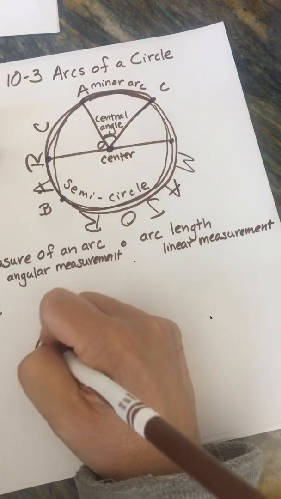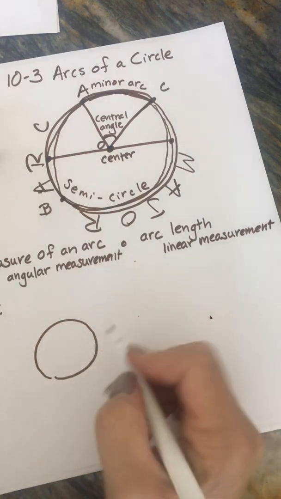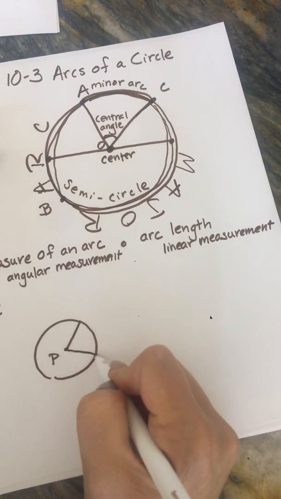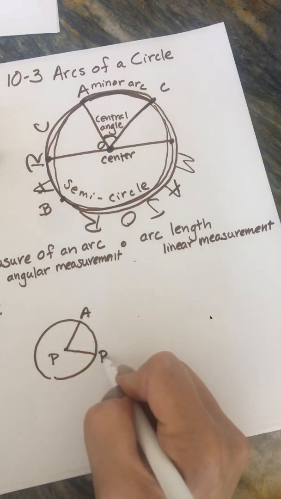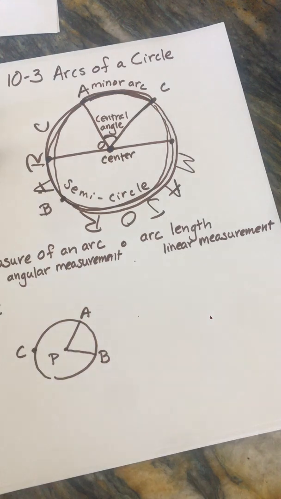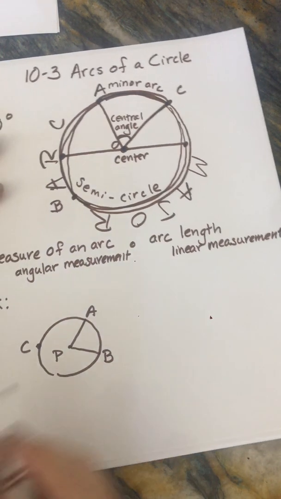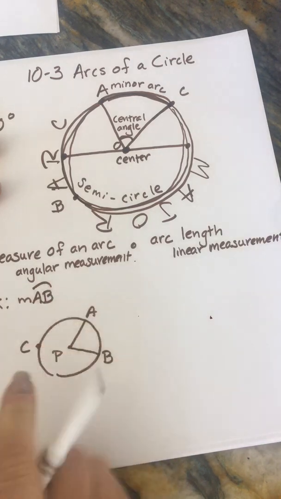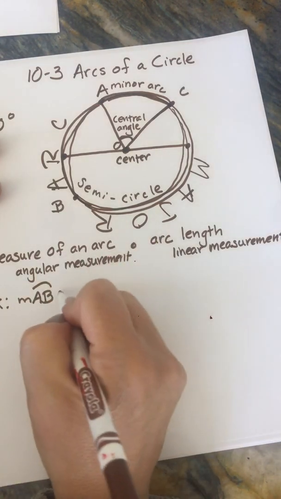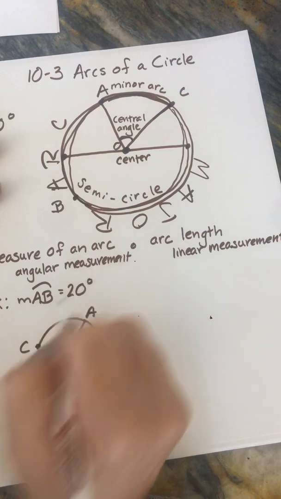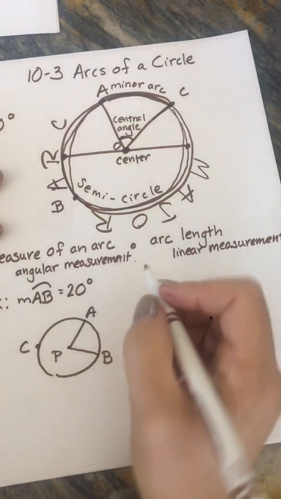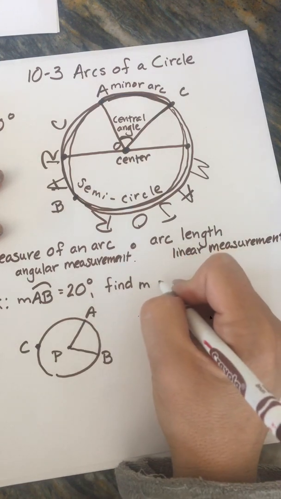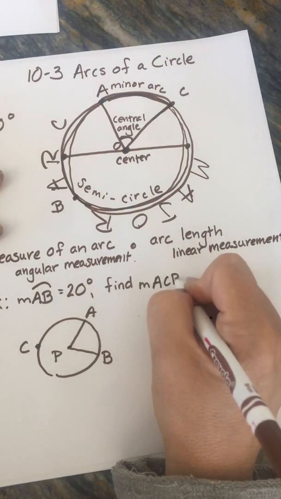We have a little circle here, and we'll call this circle P. And we're going to put in a central angle, AB. I'll put C over here. So here's our picture. And let's say that we know the measure of arc AB is equal to 20 degrees. Find the measure of arc ACB.